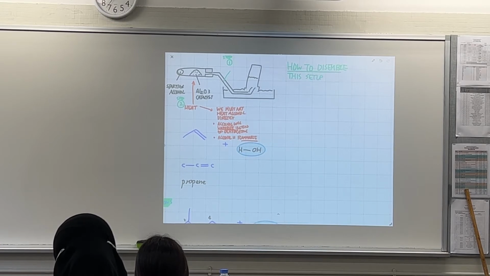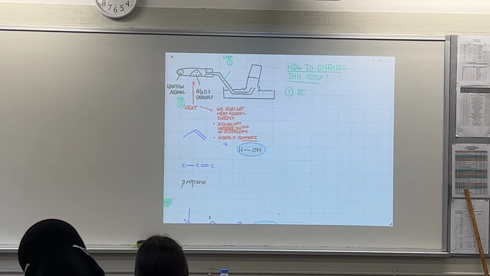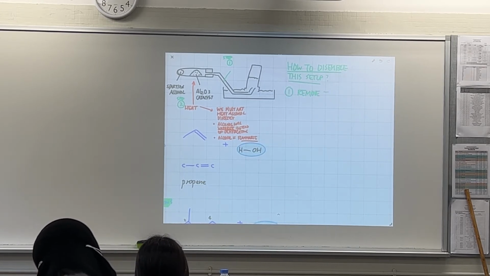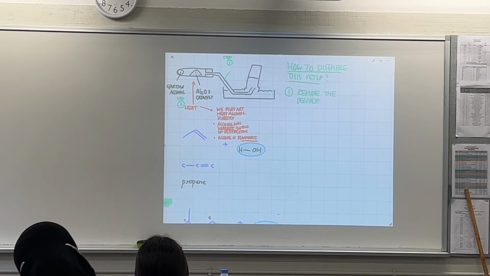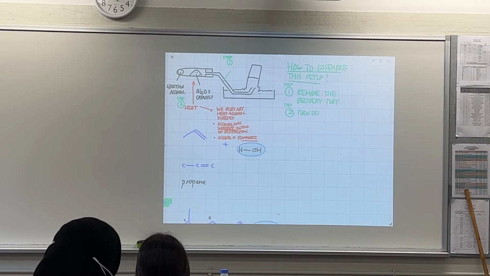We don't just set things up, we have to put things back where they are. Step one is to remove the delivery tube before you think about switching off the heat. And step two is to turn off the heat, or turn off the Bunsen burner.